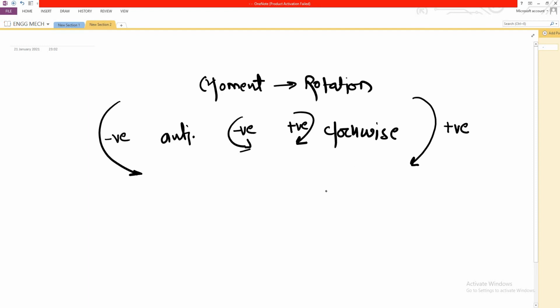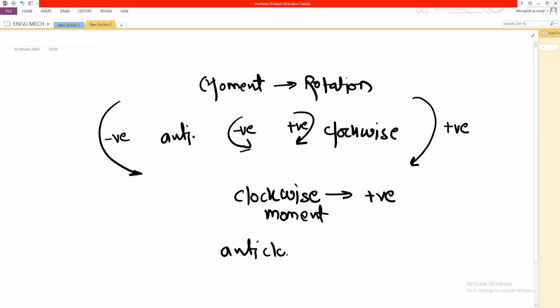Therefore clockwise moment is positive, just to note it down, and anti-clockwise moment is negative.